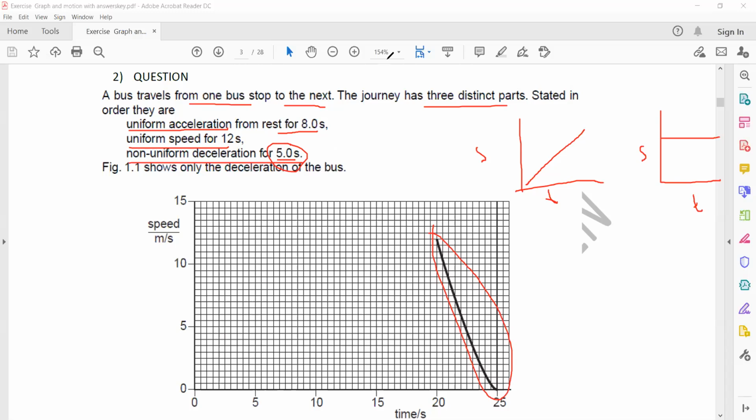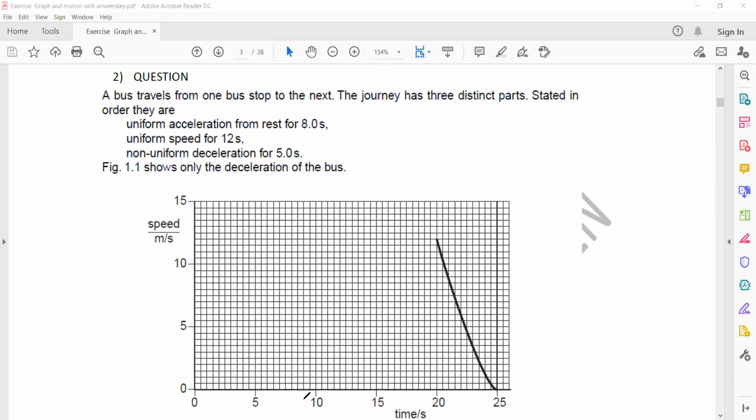So how can you complete this graph? First you identify the time when it is 8 seconds. So 5, this will be 6, 7, and 8. After 8, it moves with a uniform speed, constant speed.